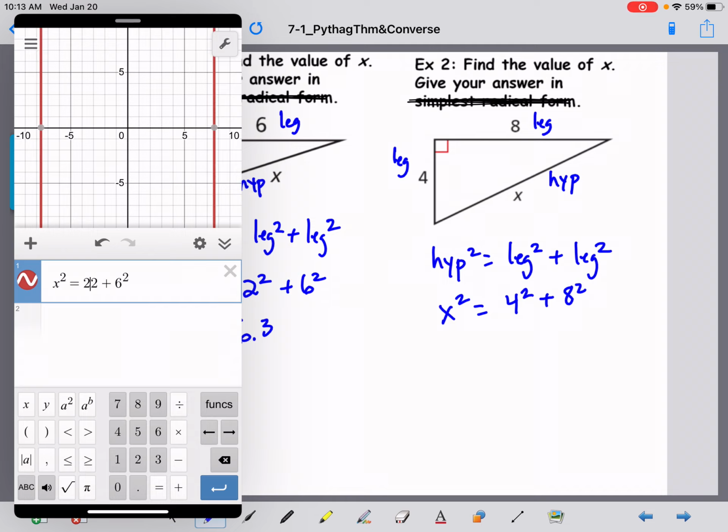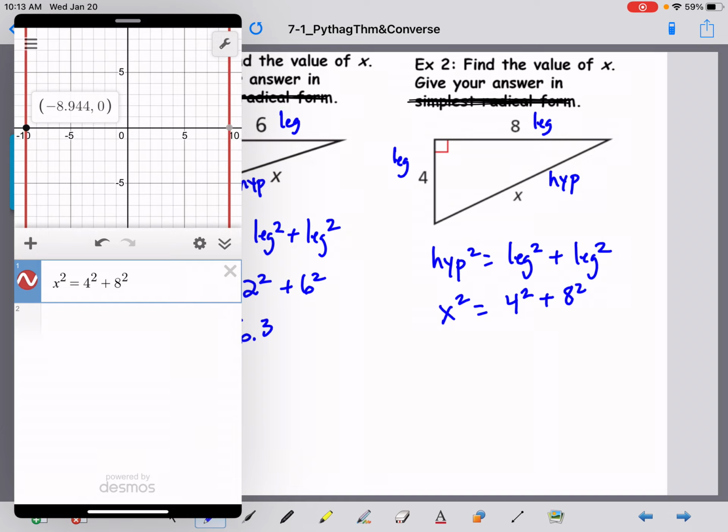Now I'm going to go over here and say x squared equals 4 squared plus 8 squared. Again, I got that negative answer and I got the positive answer. I'm in geometry, I'm going with the positives. And this one would be 8.9.